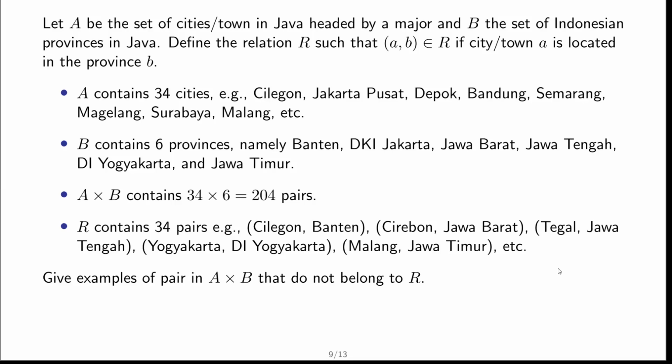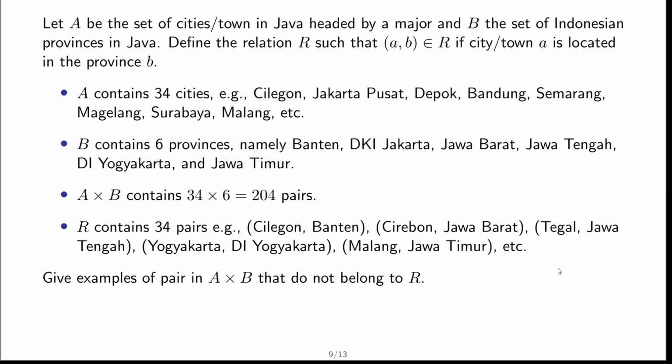So here, for example, Cilegon and Banten is an instance of R because Cilegon is located in the Banten province, or Cirebon and Jawa Barat is a pair in R because Cirebon is located in Jawa Barat, and so on. So you have 34 pairs of this. Now, what would be examples of pairs in A times B that do not belong to R? Well, there are many of them.